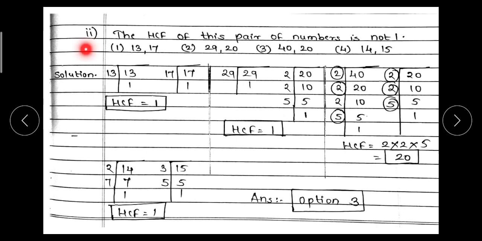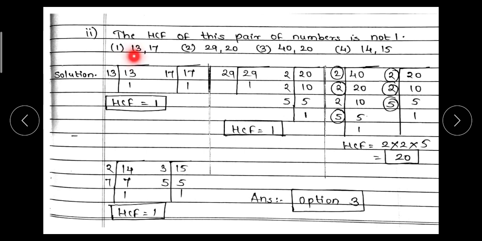Question 2. The HCF of this pair of numbers is not 1. Students, I repeat the question. The HCF of this pair of numbers is not 1.